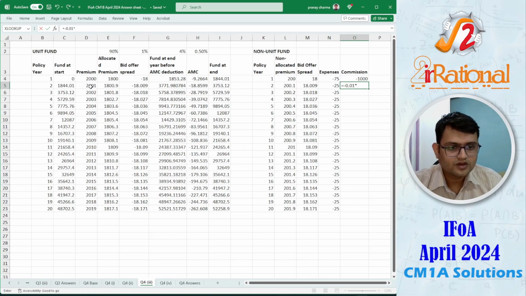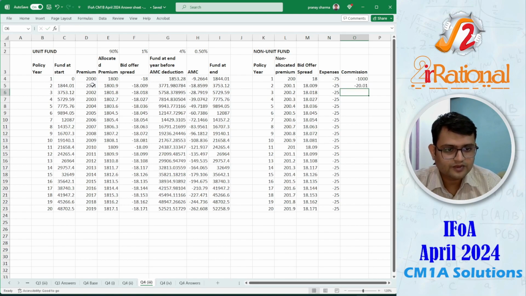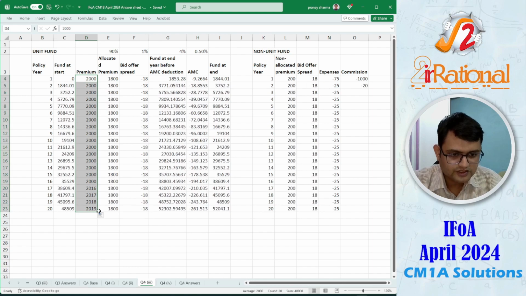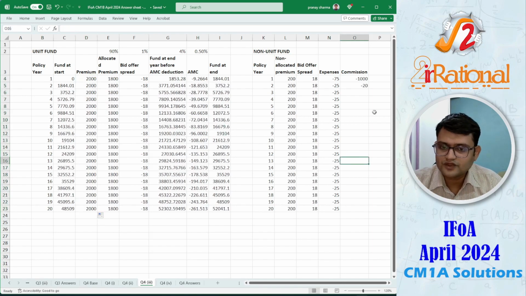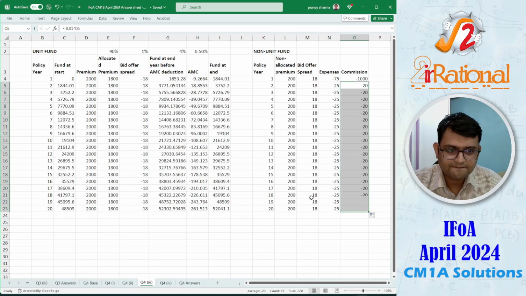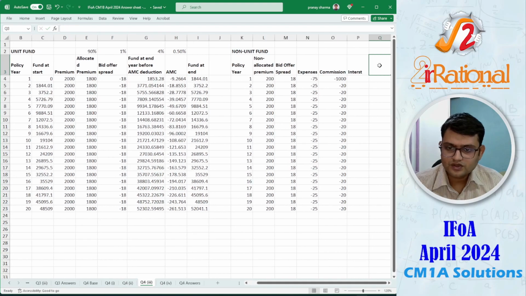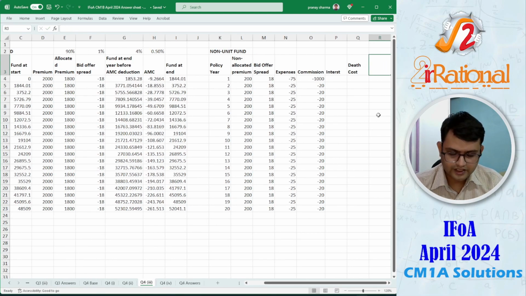of the premium. Now, okay, there's a problem here. The premium was supposed to be 2000 for each one of them. It just did this. Everything is fine. Next, we will have interest, we'll have death benefit or death cost to us, and there will not be any maturity cost, there will not be any ill health cost.